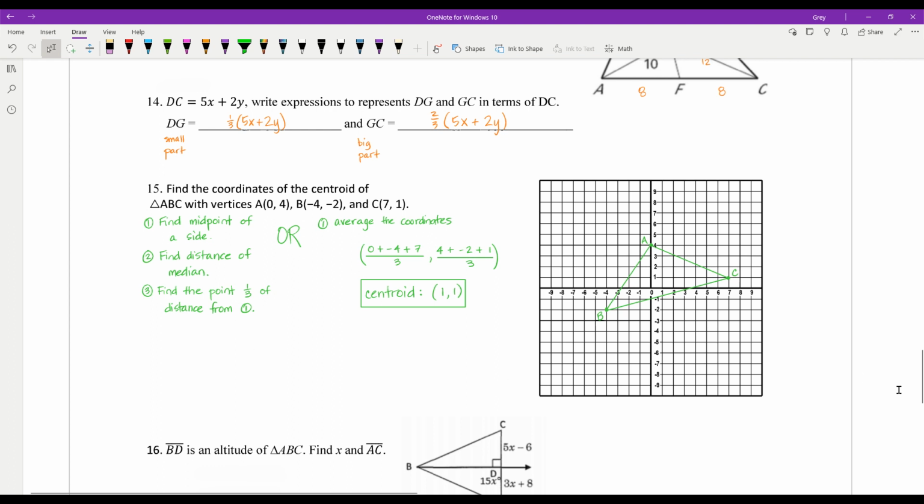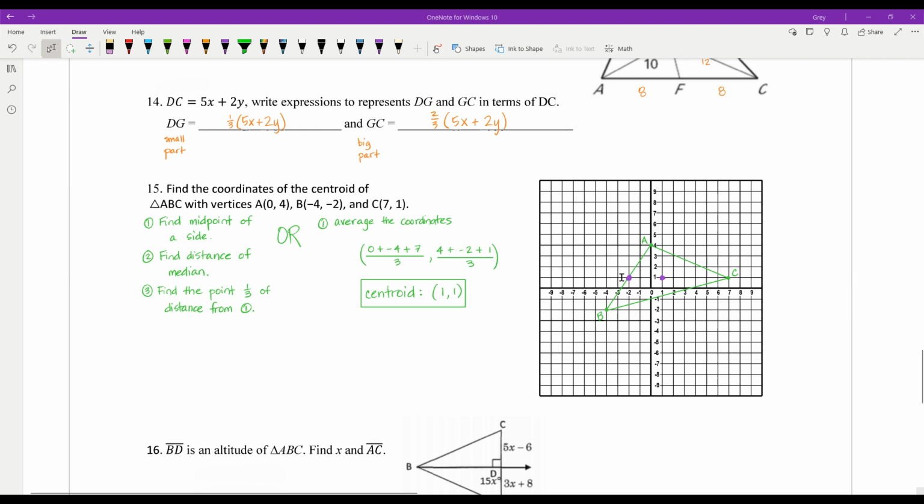I can even show you just real quick, if you were to use side AB, the midpoint of AB is right here. And halfway between that point and C is going to be at this point right here. Because this is 1, 2, 3 units away and 1, 2, 3 units away. And my graph might not be correct.